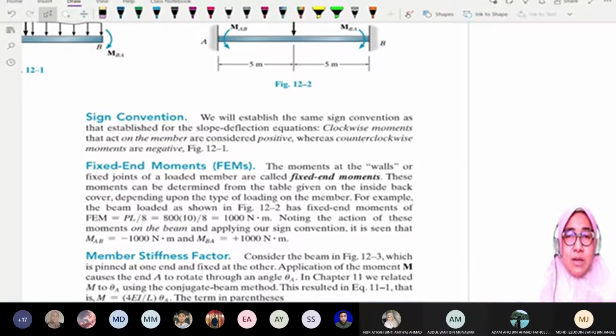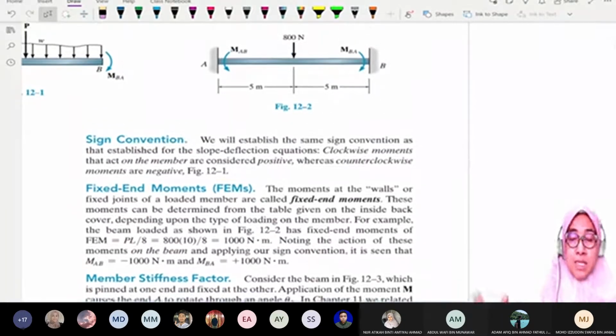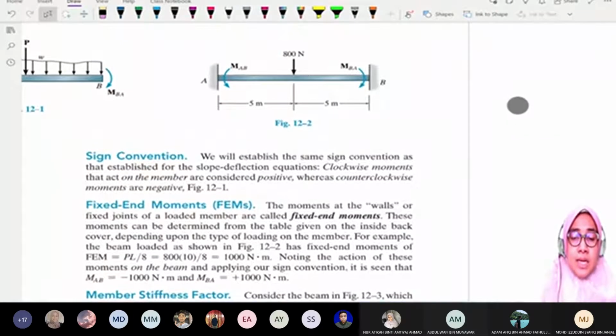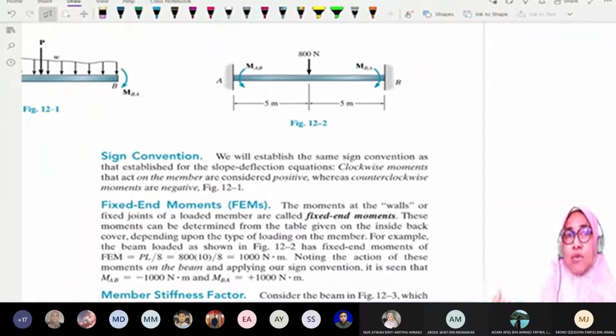But if I'm not mistaken, you only learned beam analysis in diploma. Doesn't matter. This is the time for you to enhance your understanding of this process, because this is very, very important.